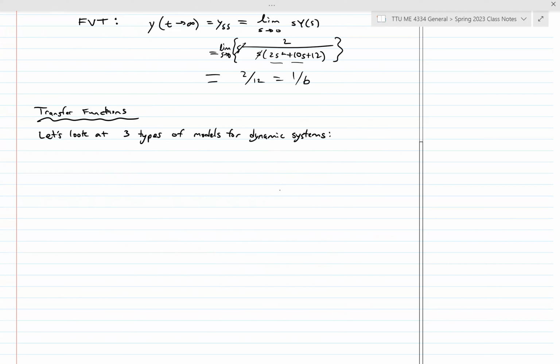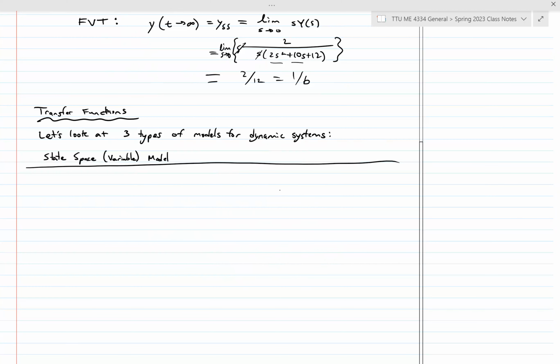This isn't necessarily all the types of models that we could have, but these are the major ones for controls engineers, I would say. The first one would be state space, or state variable, as some textbooks refer to it, models.